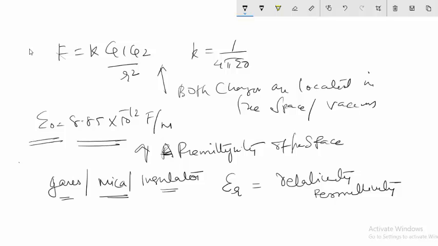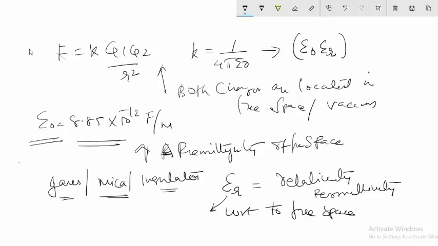So this is the permittivity of that medium with respect to free space, and you will have to add epsilon r while you are computing the value of k in that case.